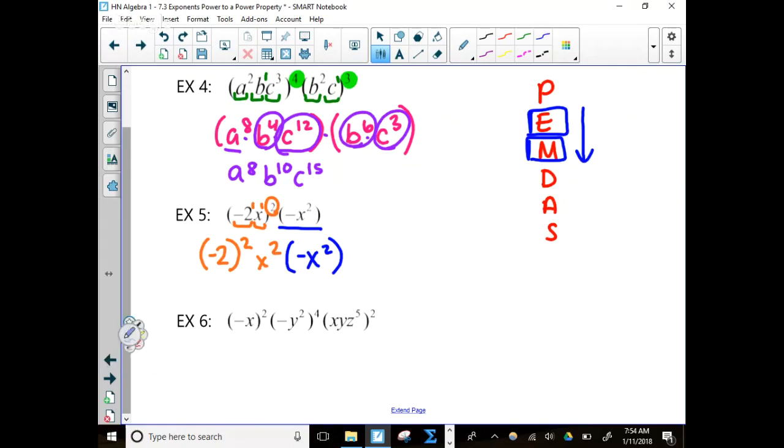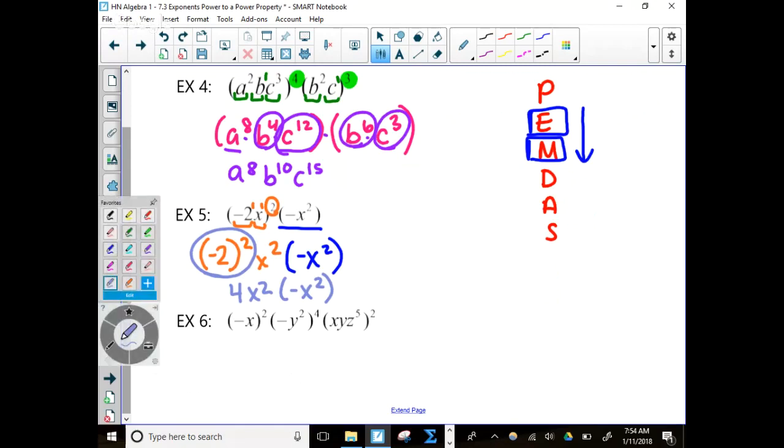All right. So what I need you to do is evaluate this first before you can go any further. So -2 times -2, 4x squared, and times -x squared. Okay. Now we have coefficients here. So we have 4 times -1.